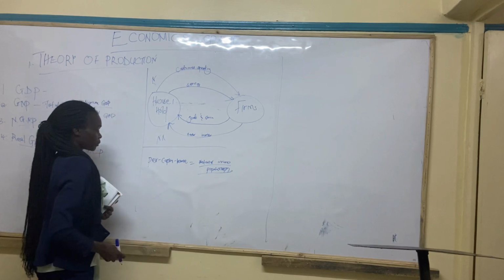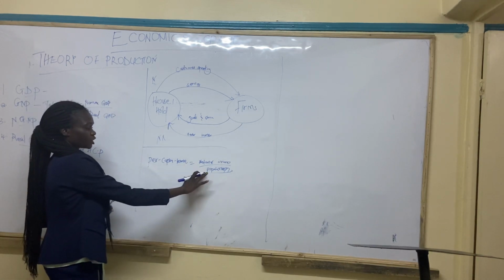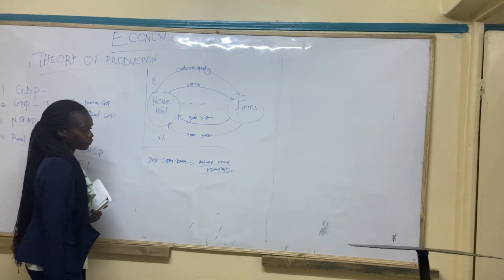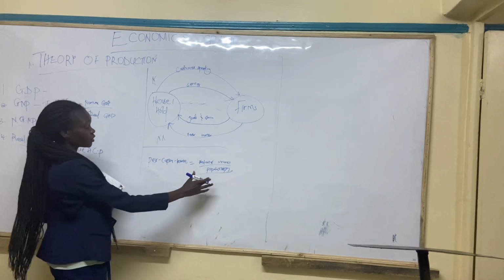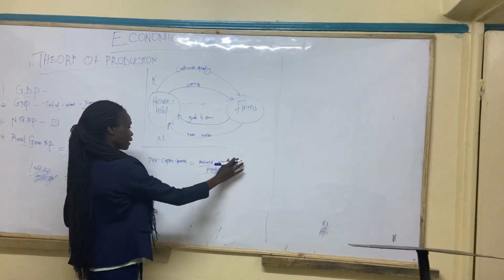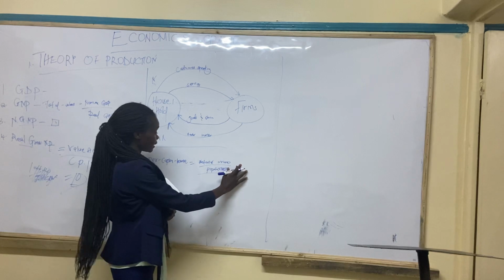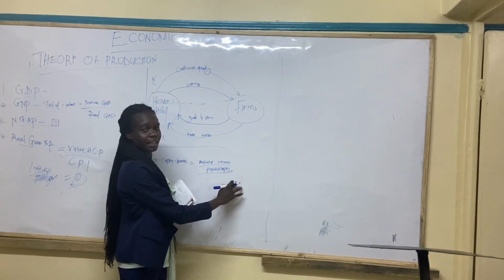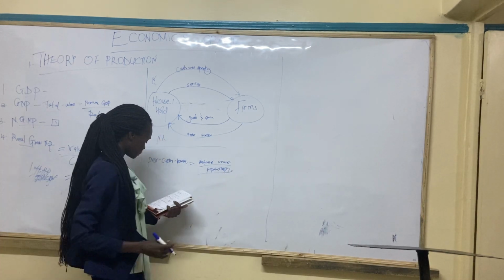The national income, you divide by the total population of the country. So national income is the total income of a country, and the population is the total population of the country.